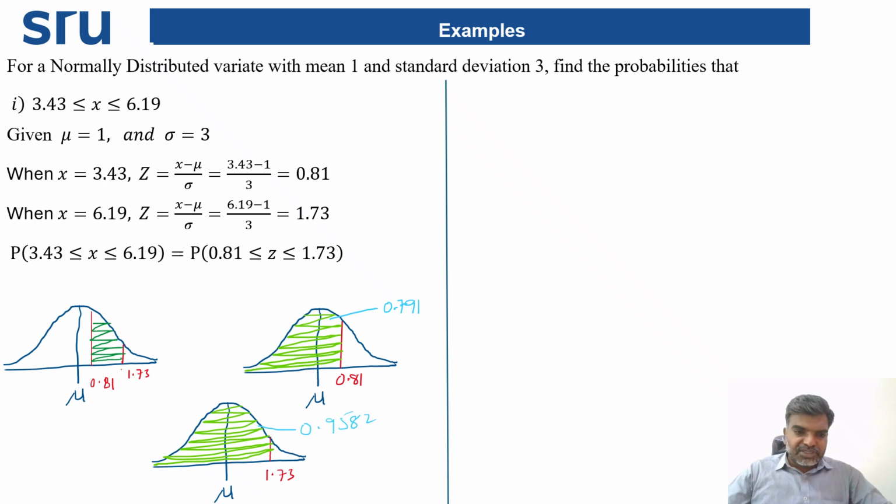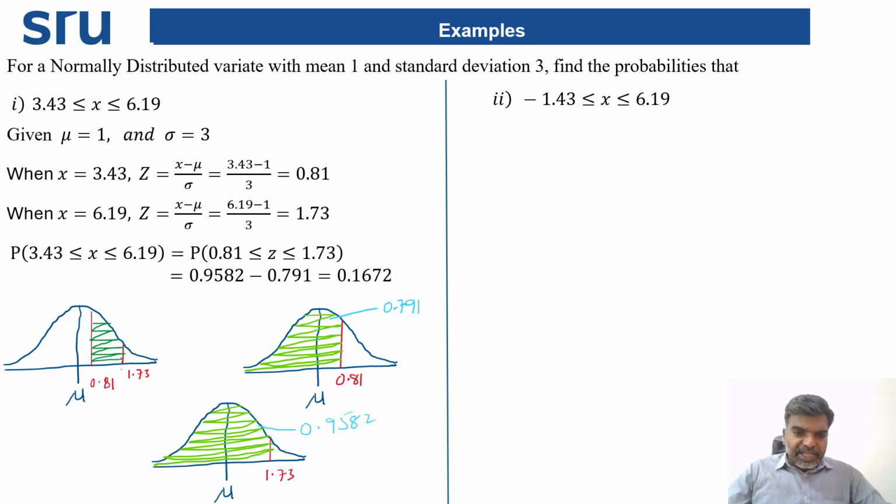See in the first curve, how do you get this? From this total area, you have to subtract this one. How do you get that?